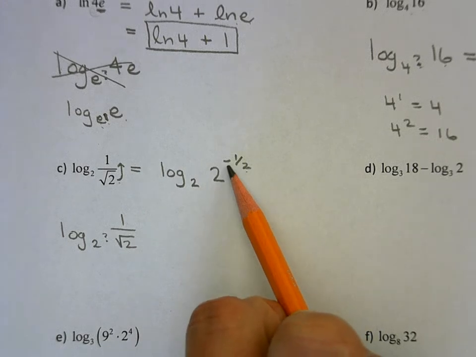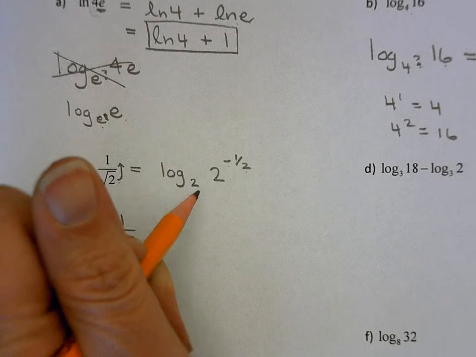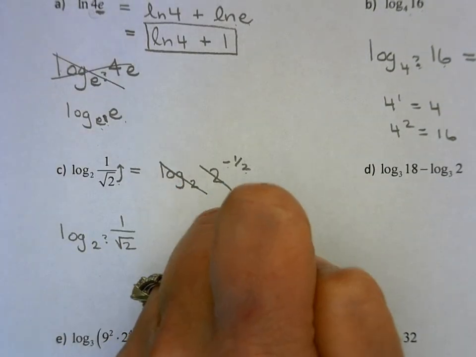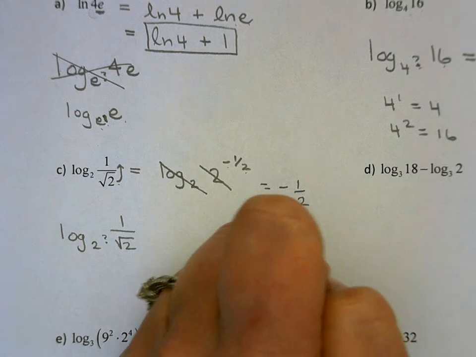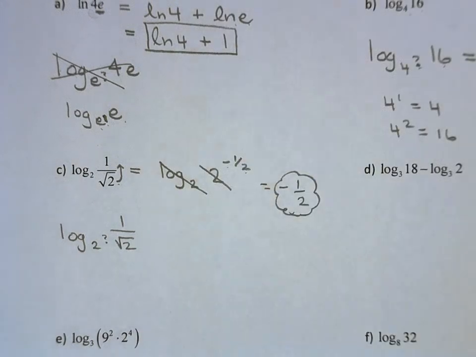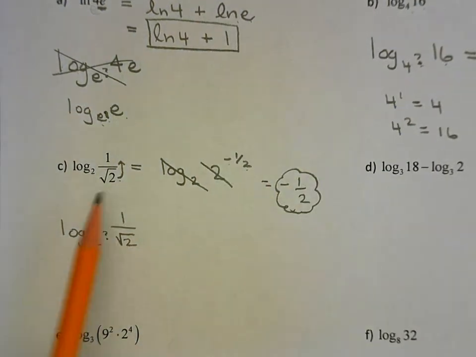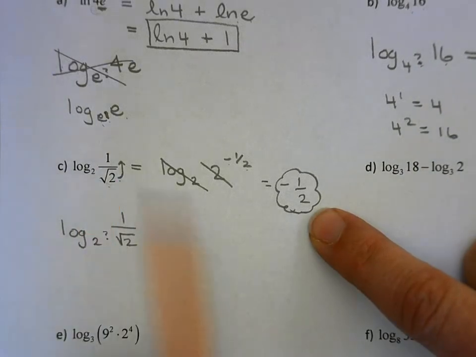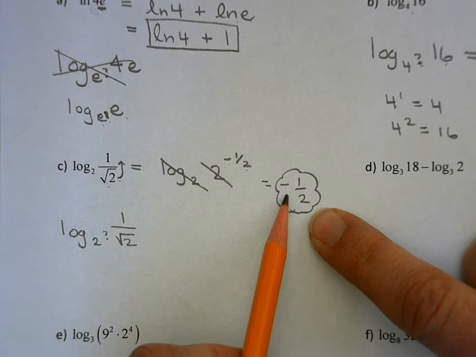So right here I'm done, because these are inverses, so they cancel, and my answer is just negative 1/2. Again, I could look right here and just say, I know square root is a 1/2 power, and fractions come from negative exponents. So I could do that also.